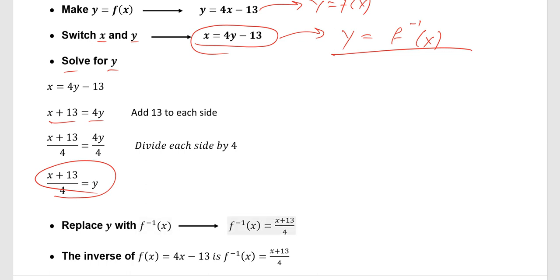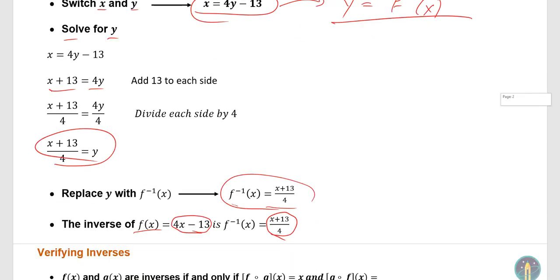So we get f inverse of x is x plus 13 over 4. So the inverse of f of x equals 4x minus 13 is f inverse of x equals x plus 13 over 4. These two functions are inverses of one another.